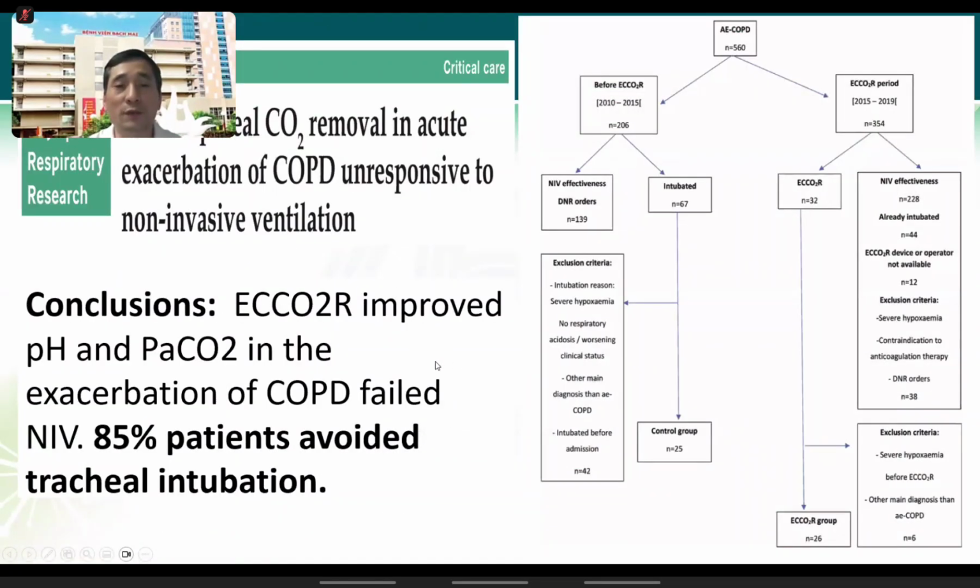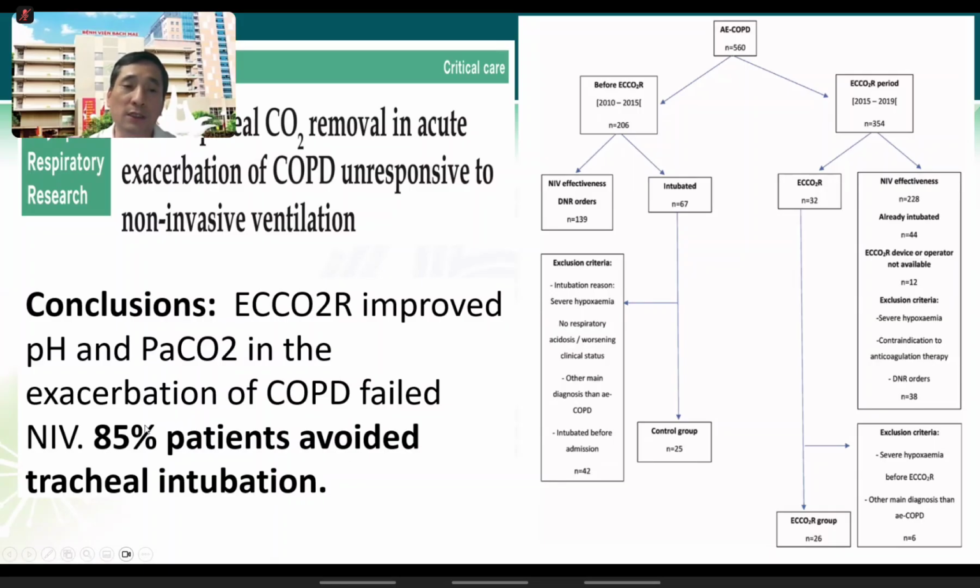Of course, it's not easy to do so many studies in the ICU. How about CO2 removal in COPD patients? In this study, you see that they have a control group of quite a small number, 25, and the ECCO2R group is 26. They successfully show that CO2 removal can improve the pH and PCO2, and almost 90% of patients avoided tracheal intubation.